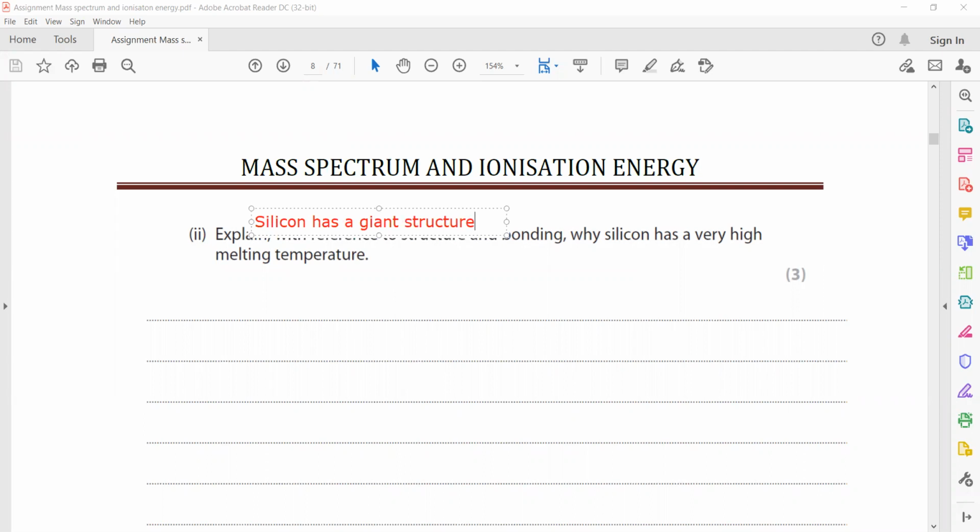That's one thing. There are many bonds between the silicon atoms, so a large amount of energy is required to break the bonds.